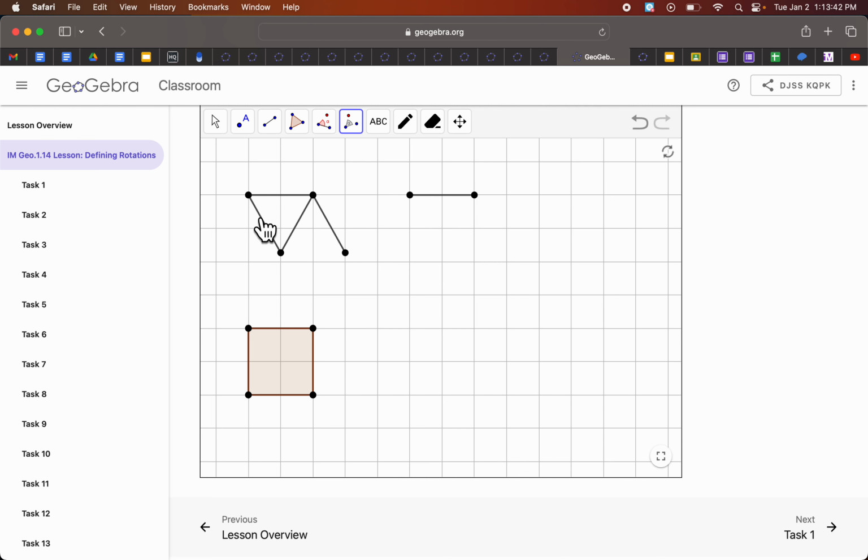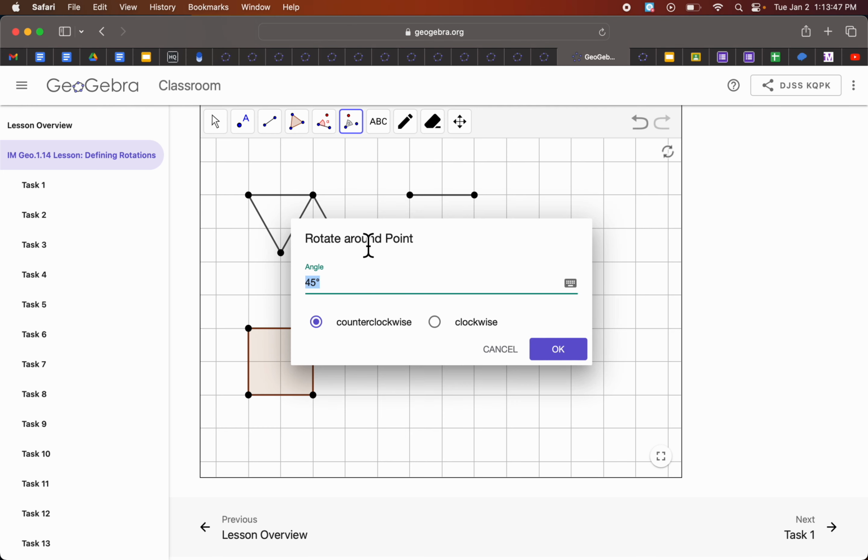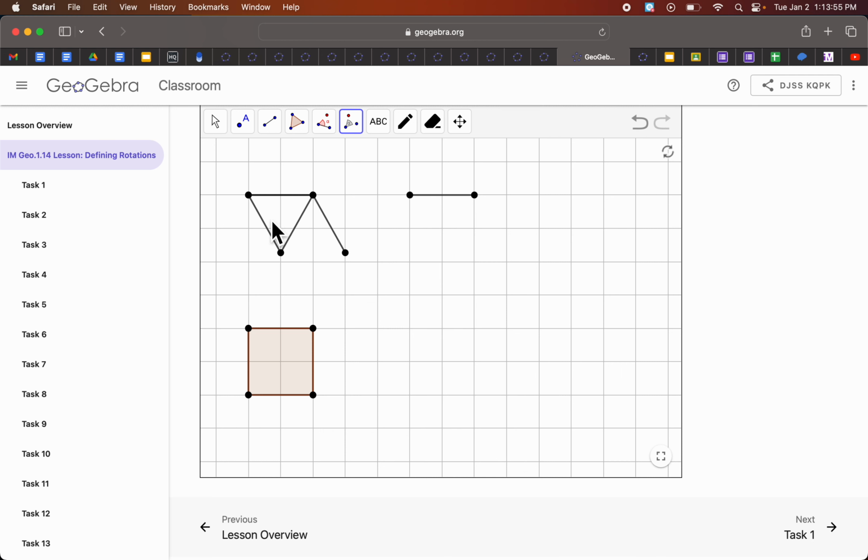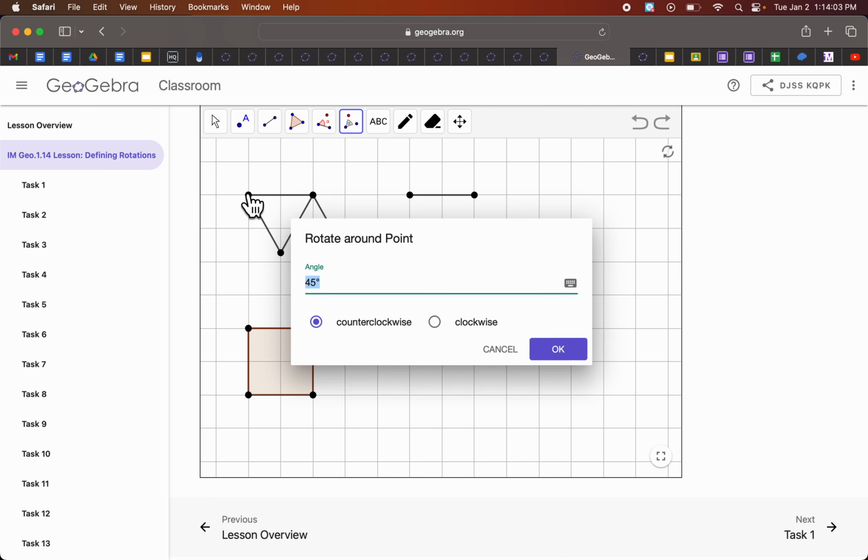If I did the same thing here, rotate it around this point, change it to 60 degrees, counterclockwise. Oops. Wait, what did I do? Oh, whoops. I know. I needed to do it clockwise. This one, around this point, 60 degrees, clockwise.